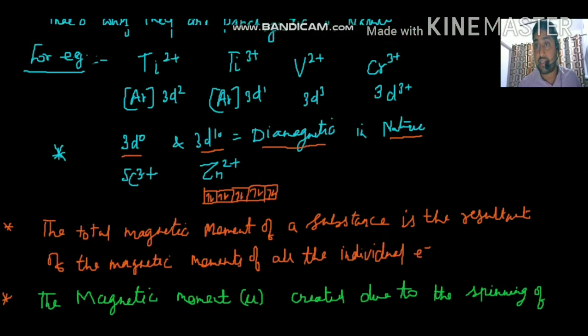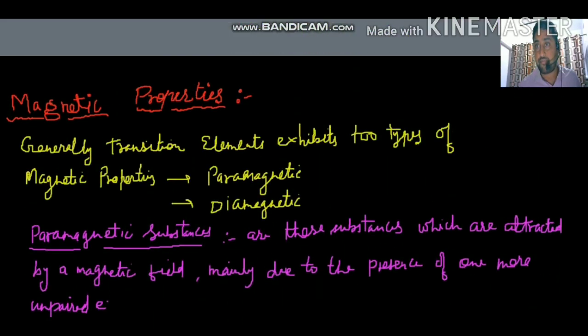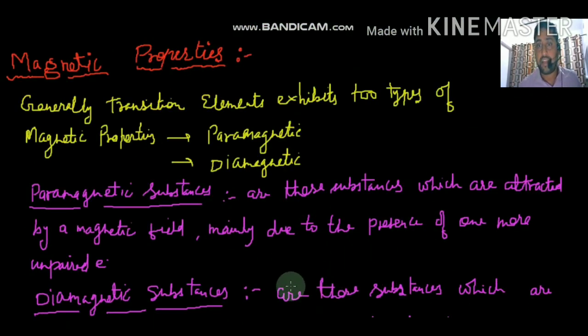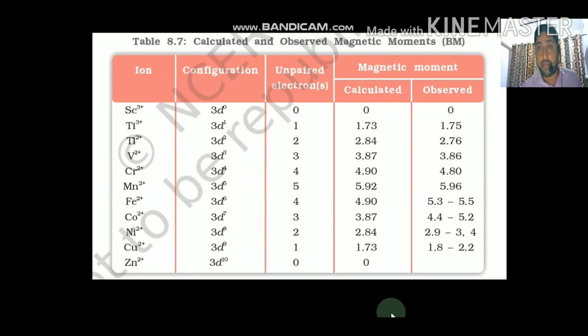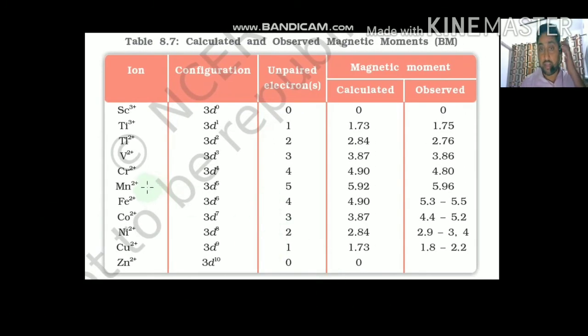So let's have a look. Here is the table of the magnetic moment of all the transition metals of the 3d series. Now if you see, from 3d0 onwards up to 3d10, in the middle they have the maximum number of unpaired electrons, that is 5.